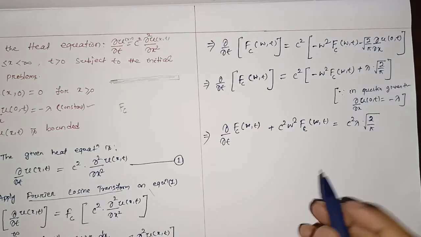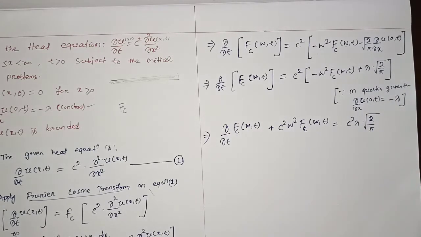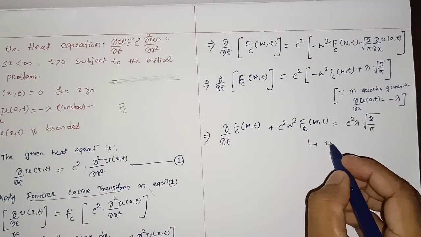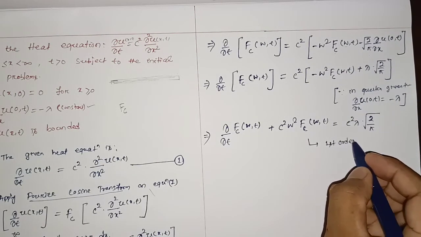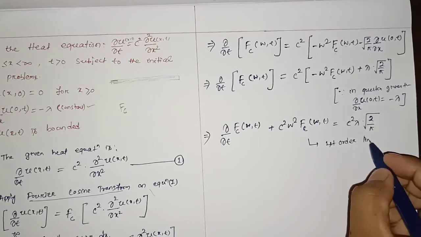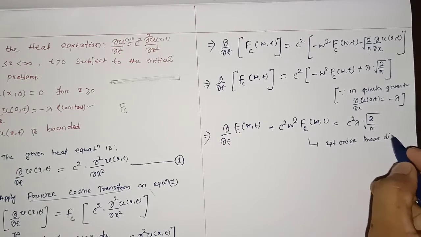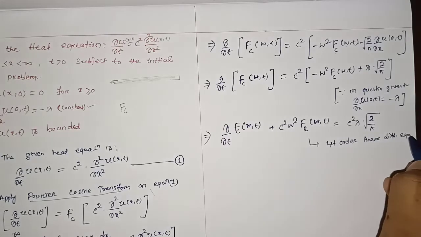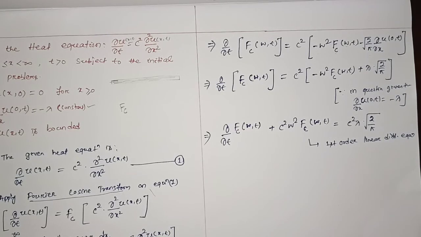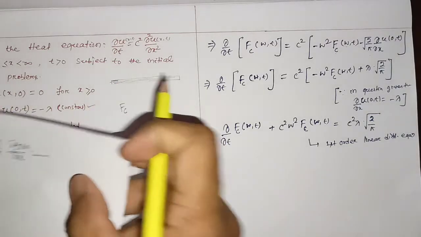Here you can see that this is a first order linear differential equation. So how are we going to solve it? You just recall that if a first order differential equation is in this form, how do we solve it?